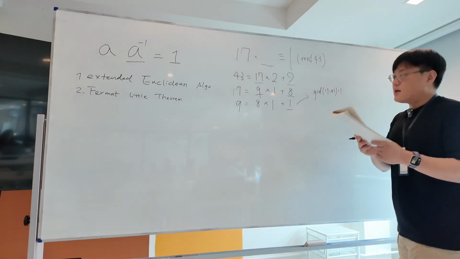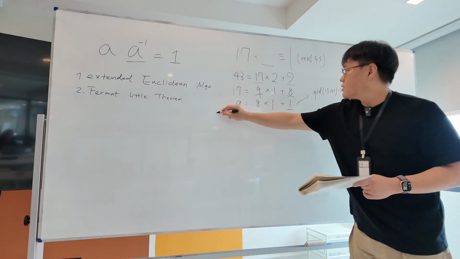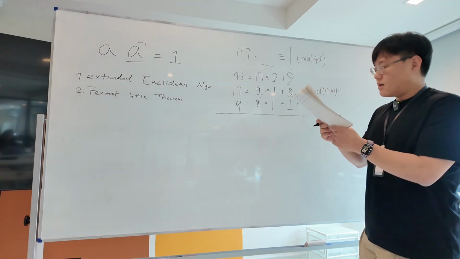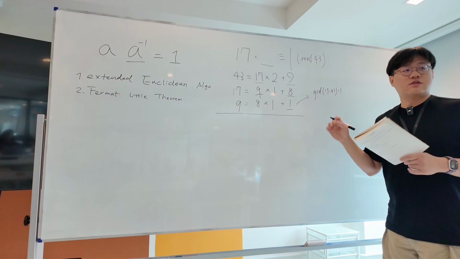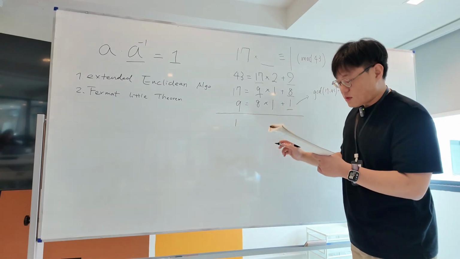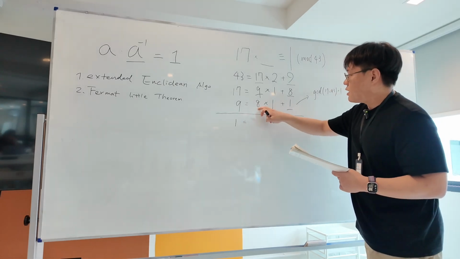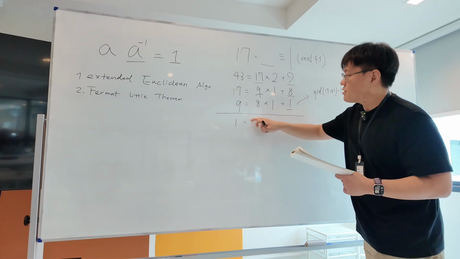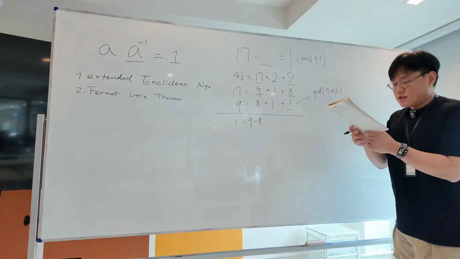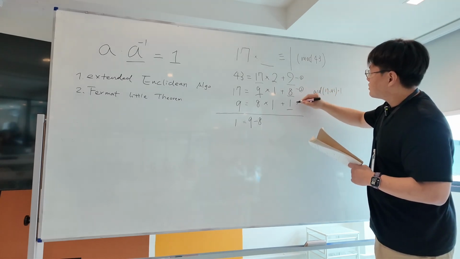And now comes the extended Euclidean algorithm. It is kind of a reverse engineering. So we put 1 in the beginning, and then we get 9 minus 8. This is the first one, second one, third one.